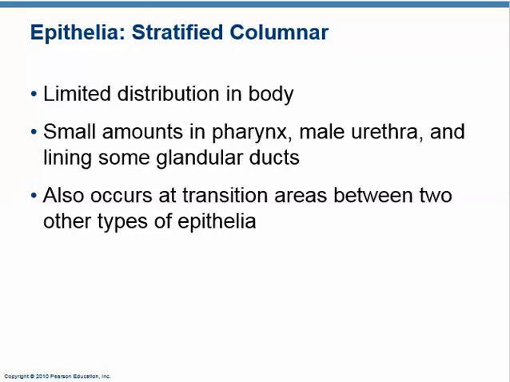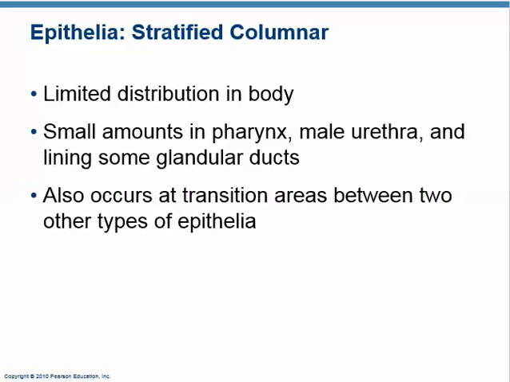So for instance, the cervix in the female reproductive system would be a columnar epithelium, either pseudostratified or a genuine columnar epithelium. The vagina is a stratified squamous epithelium.